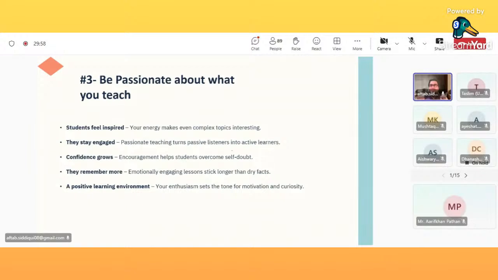If you show excitement, even disengaged students will start paying attention. Believe me, if they see the teacher is very passionate about teaching, even disengaged students start connecting with you.